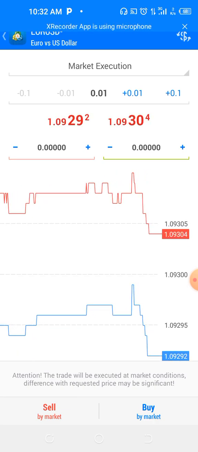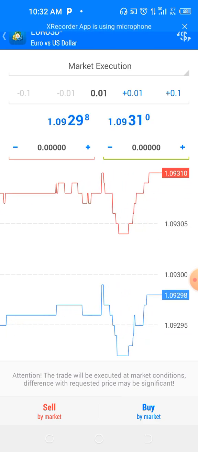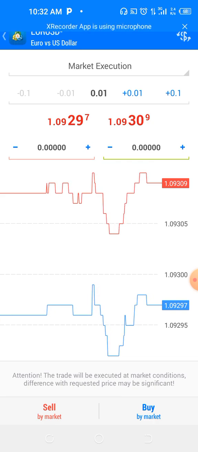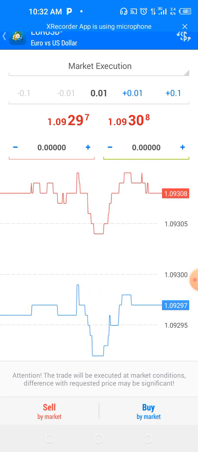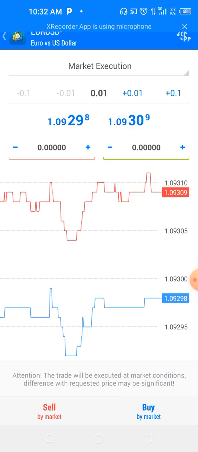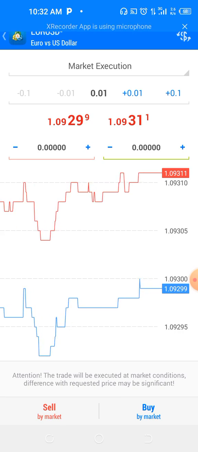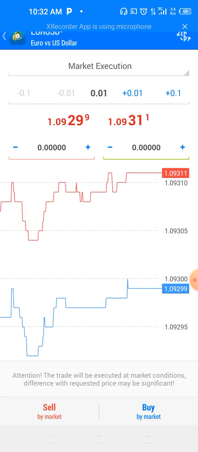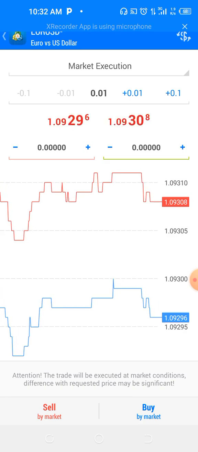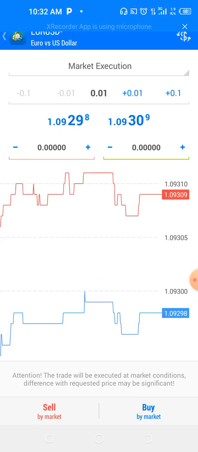It represents 10 cents, meaning that when you take 0.01 to trade, each pip movement that takes place when you execute your trade takes or gives you 10 cents. That is what it means in layman's terms.